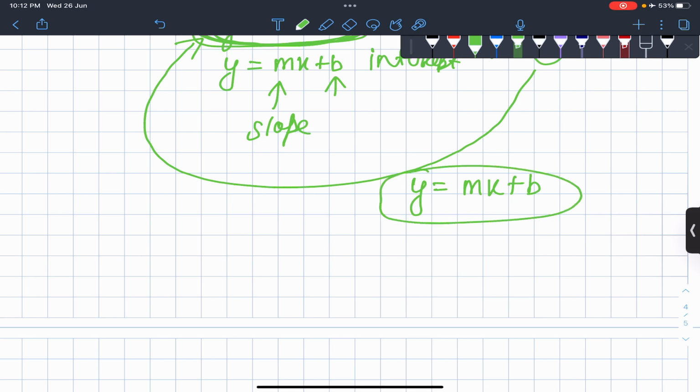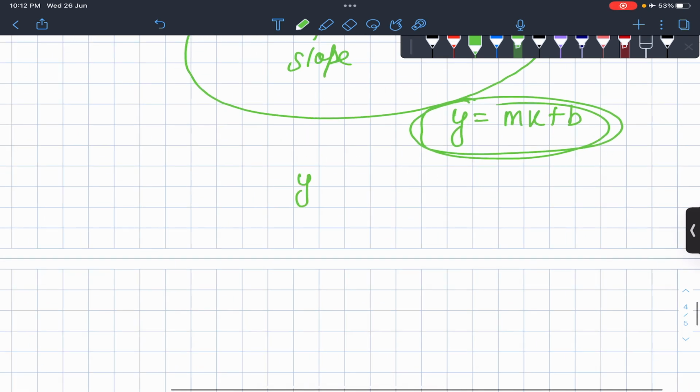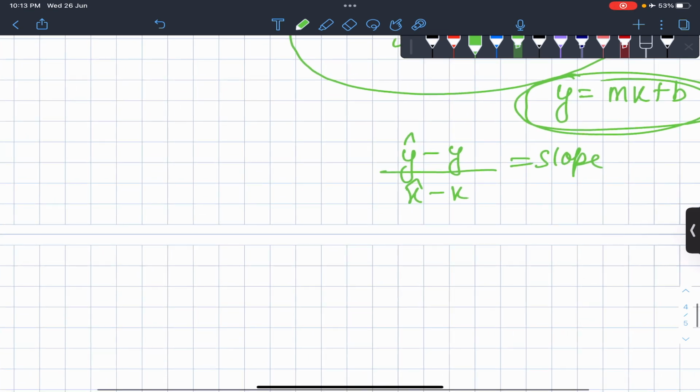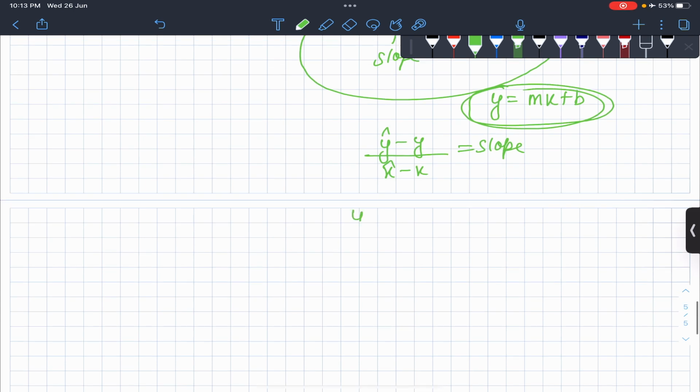We did nothing, just rise over run. The slope we got, and then we did y equals slope into x hat minus x.